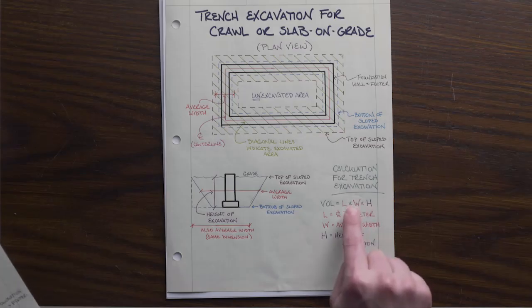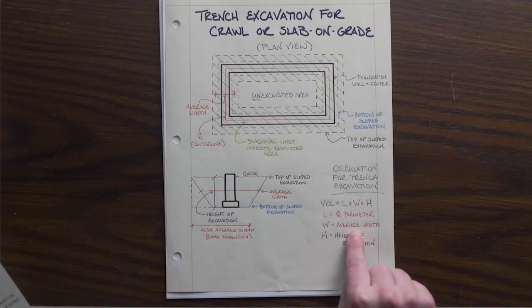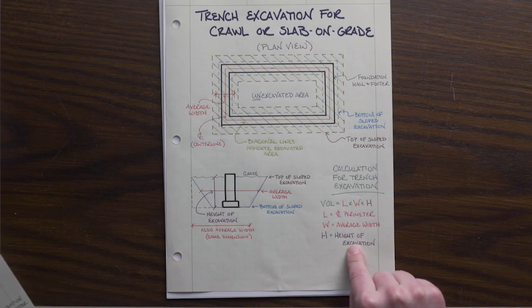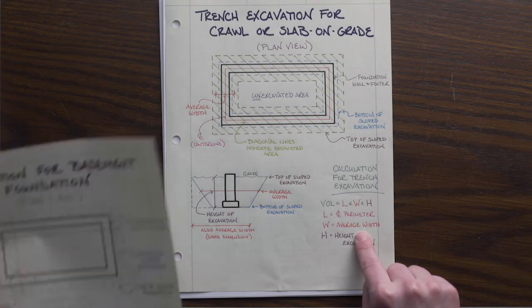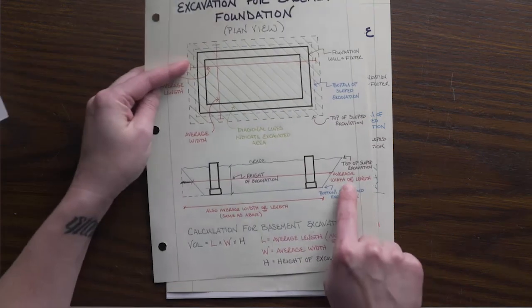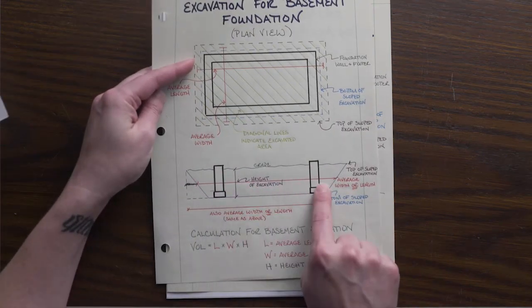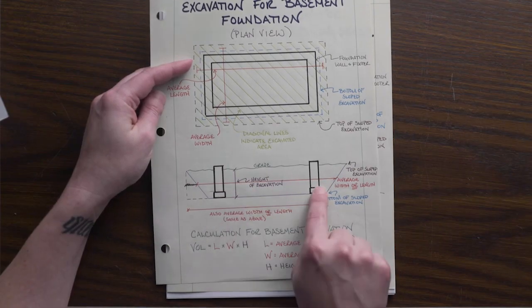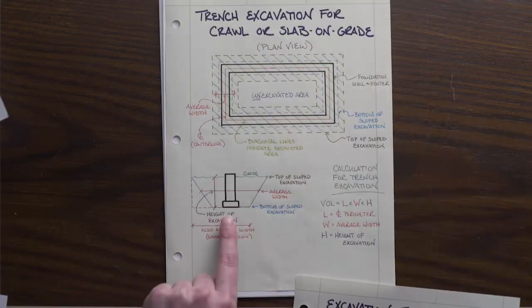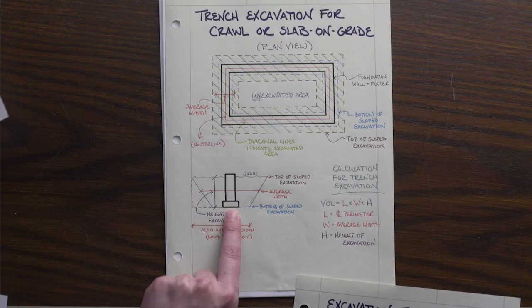With trench excavation, we use centerline, perimeter, average width, and the height of the excavation. The only thing that stays the same between the two are the height of the excavation. Average width is even calculated just slightly differently, because average width for a basement includes the entire wall-to-wall width. Width for a trench is just the further width.